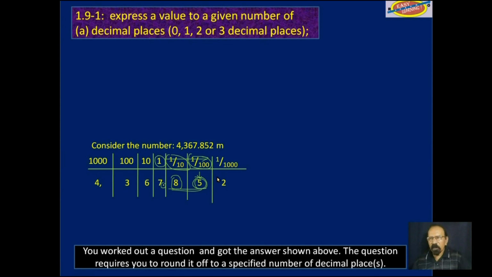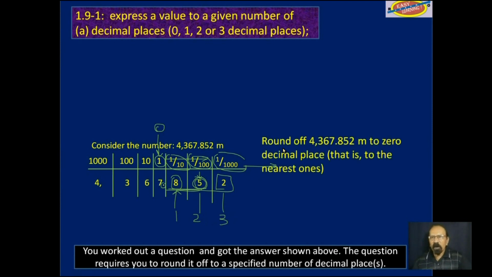And then of course this 2 is in the 3rd decimal place, and it is located in the 1000ths position, and so on. Now that we know that, where this 1 is 0 decimal place, where this 8 is 1 decimal place, that 5, 2 decimal places, that 2, 3 decimal places.